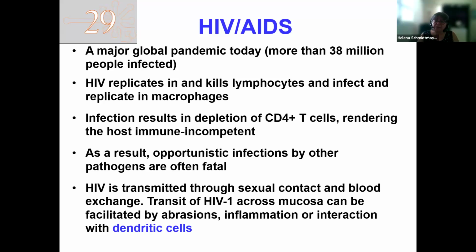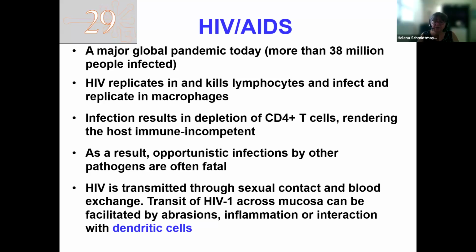Up to now, more than 30 million people have died of AIDS. And the major problem with HIV infection is that the virus infects the cells of the immune system and kills them. The infection results in particular in depletion of CD4 positive T cells, which are the major target of the virus.